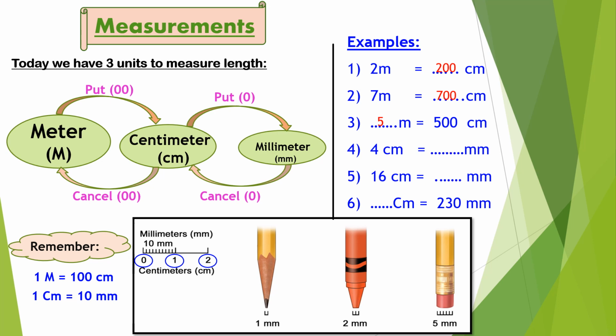So it will be 160 millimeter. And in the opposite direction, if we have 230 millimeter and we want to convert them to centimeter, we will cancel 10. So it will be 23 centimeter.